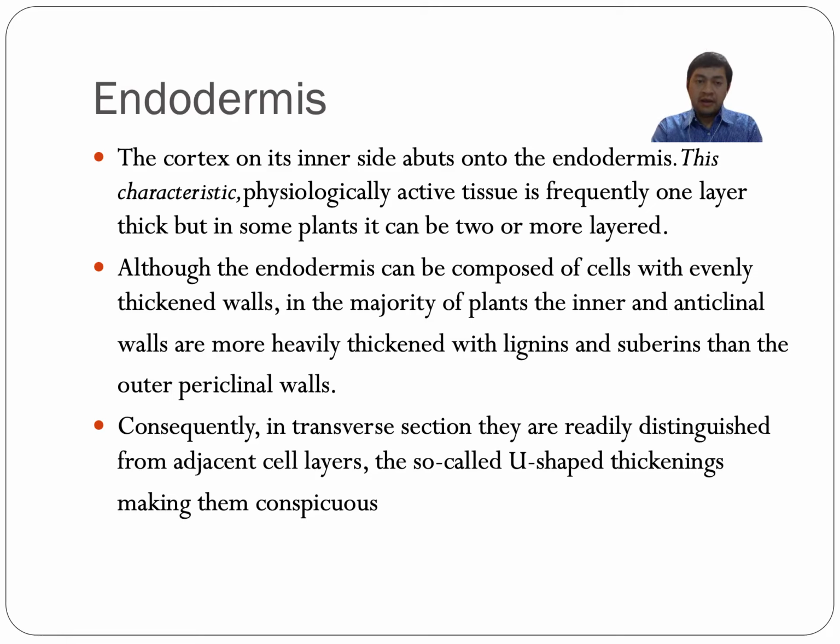Although the endodermis can be composed of cells with evenly thickened walls, in the majority of plants the inner and anticlinal walls are more heavily thickened with lignin and also suberin than the outer periclinal walls. Consequently, in transverse section, they are readily distinguished from adjacent cell layers, and so we call it a U-shaped thickening.